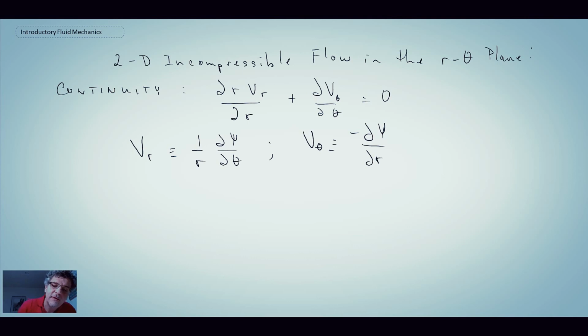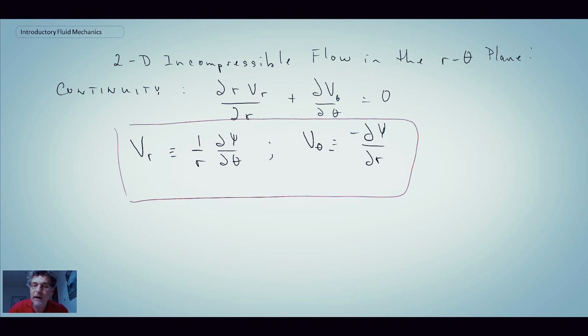So that would be the stream function definition if you were dealing with polar coordinates. But what this segment has told us is that the difference between stream functions is equal to the volumetric flow rate. So we'll continue on in the next segment looking at an example where we will solve for the stream function given a velocity field.